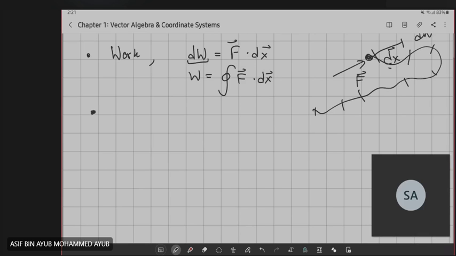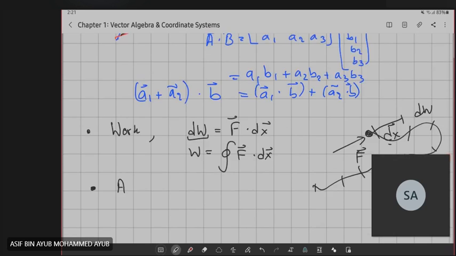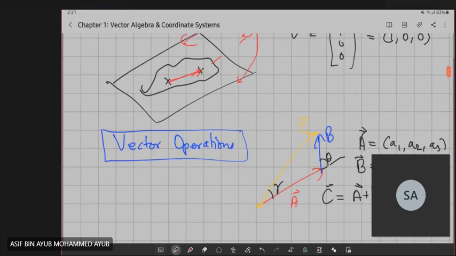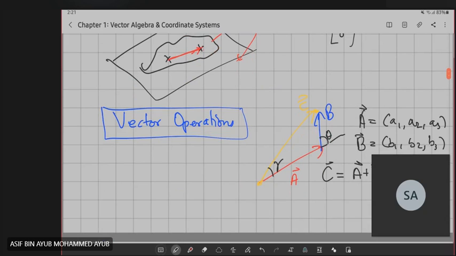I promised you that I'm going to derive the law of cosines. So we've seen earlier that if you have a vector addition like this, let me just copy this.